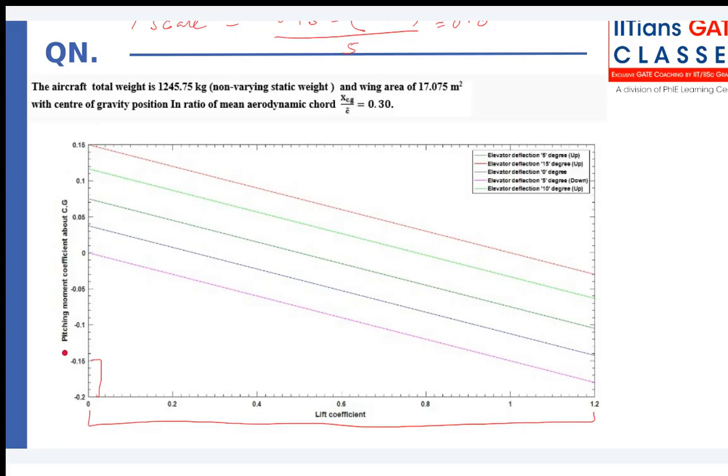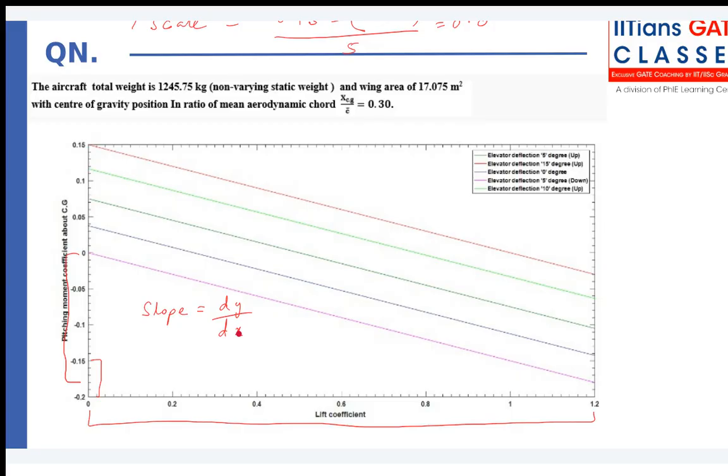It's still here. Correct? I hope I'm making sense. So the slope will be dy by dx. I'm just taking the difference in y axis and difference in x axis.